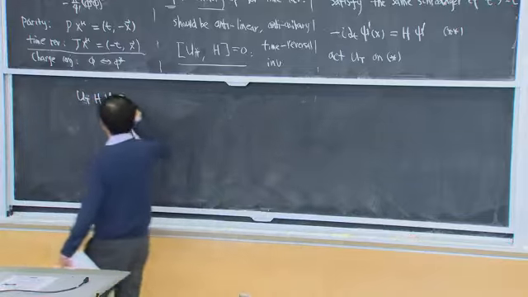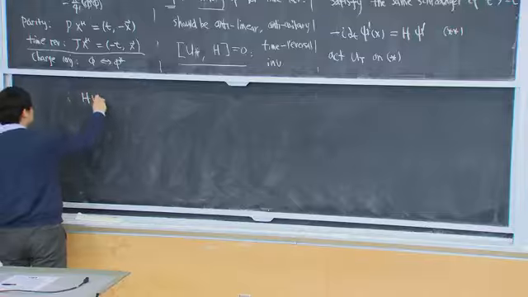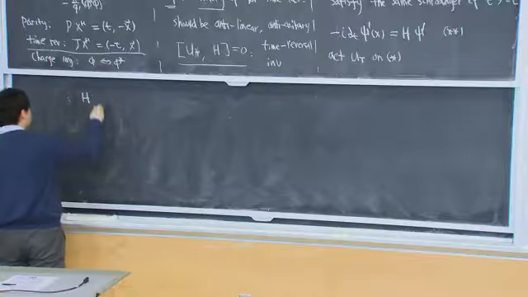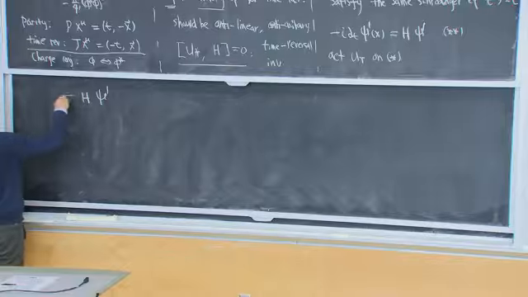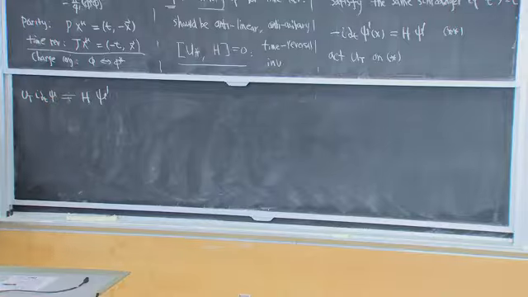This is the same as H U_T psi, and this is just psi prime. So the right-hand side just gets psi prime. And the left-hand side, you get U_T i partial_t psi.